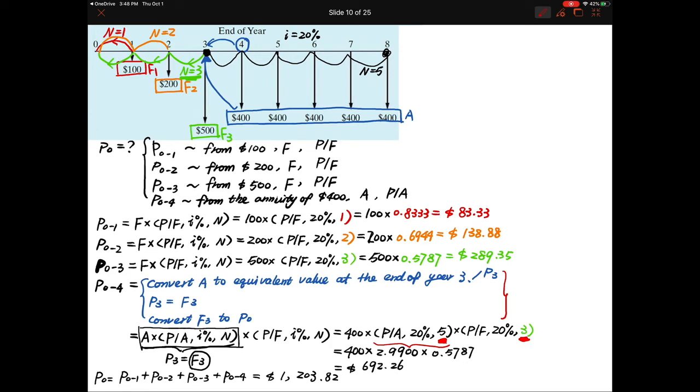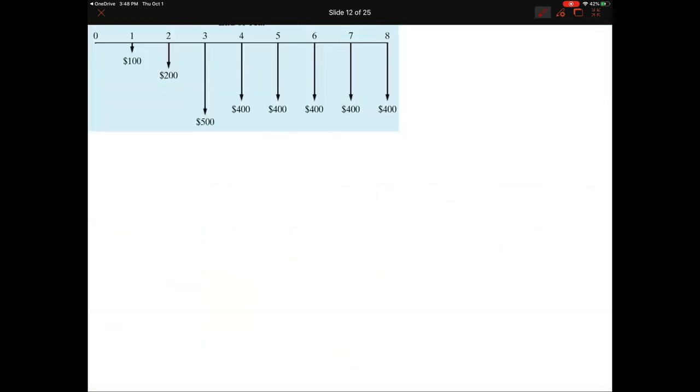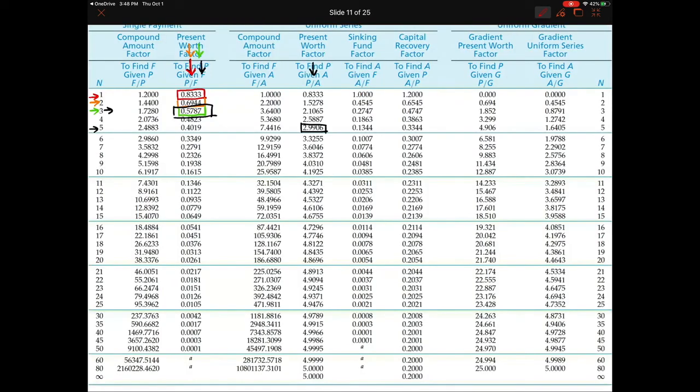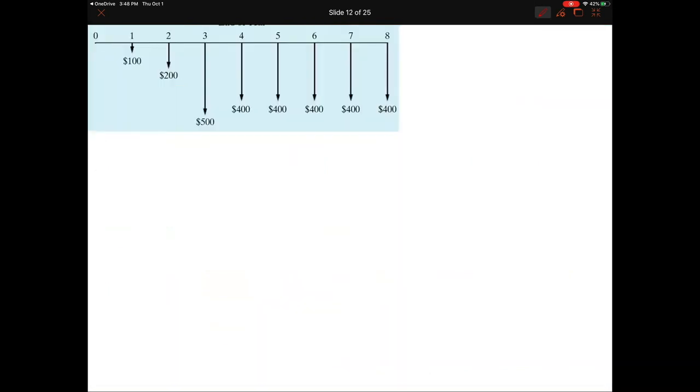If you don't understand this, rewatch the video. Also this is an example from the textbook on page 133. So just go check it.